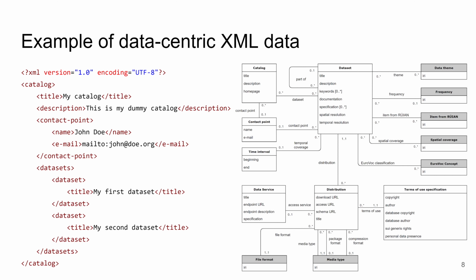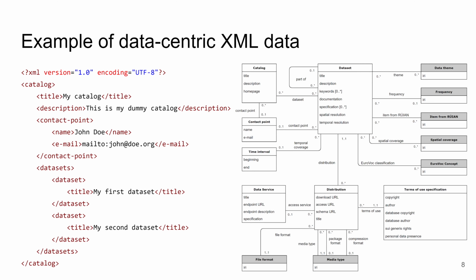So here we have the catalog. In the catalog you can see the contact point, and then you have a datasets element containing all the connected datasets to this catalog. Of course, here you can see that, for instance, the dataset edge in the conceptual model has the 0 to many multiplicity at the catalog association end, which means that one dataset can actually belong to many data catalogs, which would be hard to represent here.